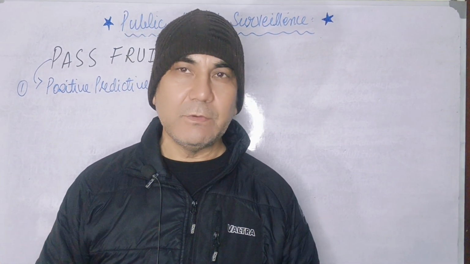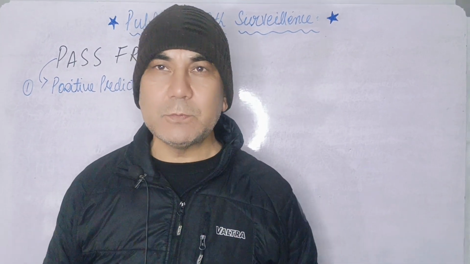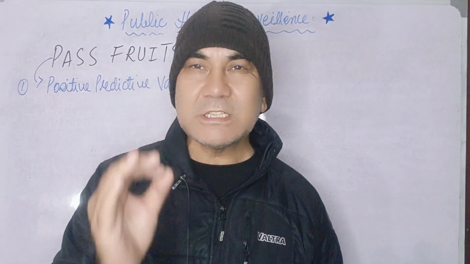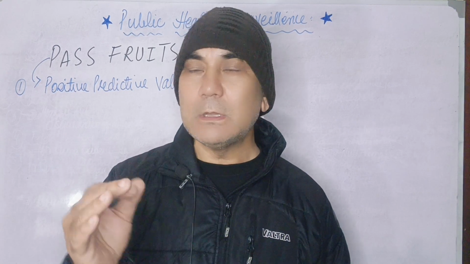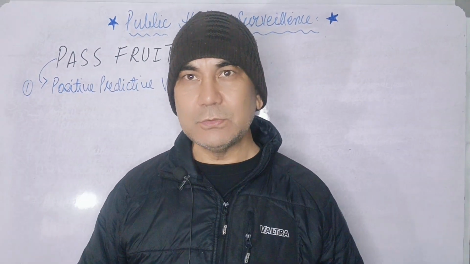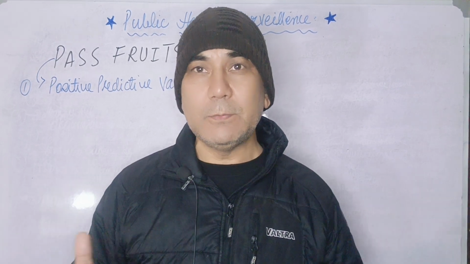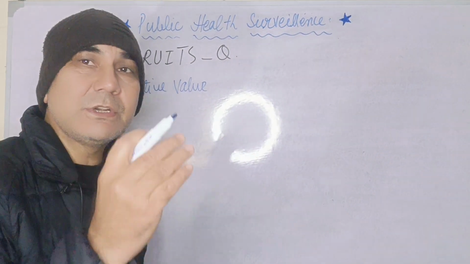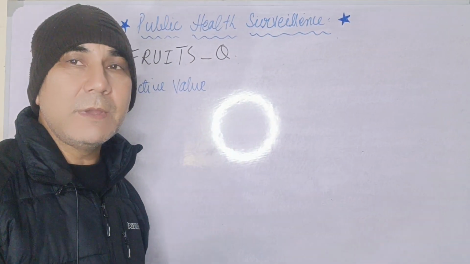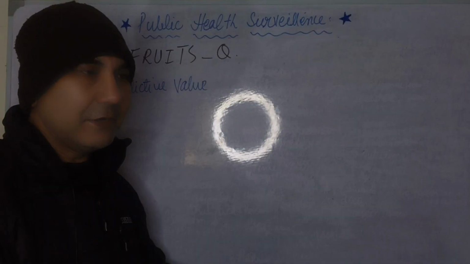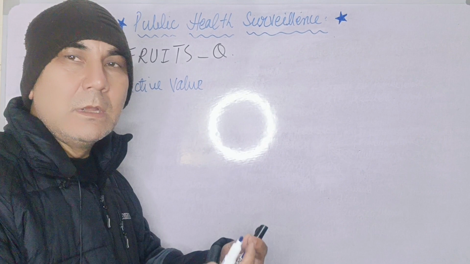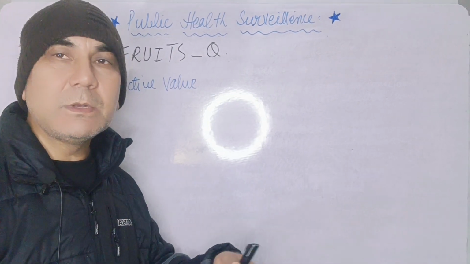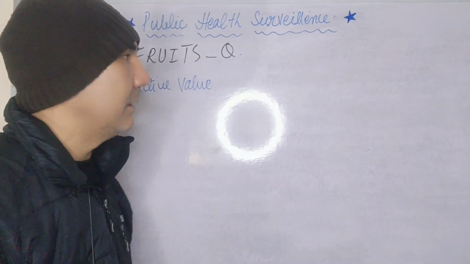Positive predictive value measures the proportion of test positive people who are actually disease positive. It should be a characteristic of any screening system, identifying more true disease positive people among the test positive people.